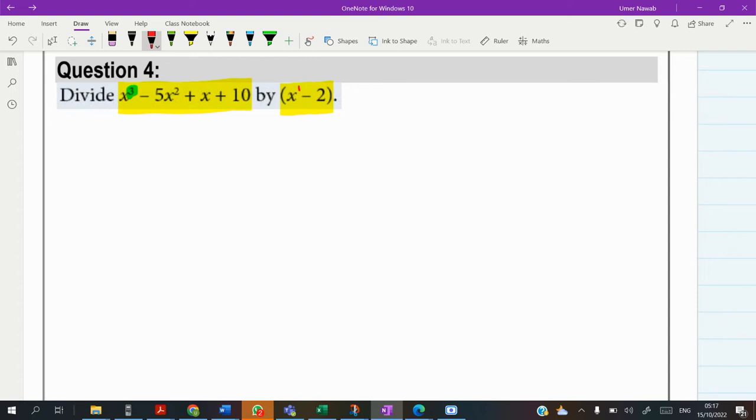But I do prefer long division when there is no unknown involved in the dividend. Look at that. When we do long division, the numerator is called the dividend and the denominator is called the divisor.